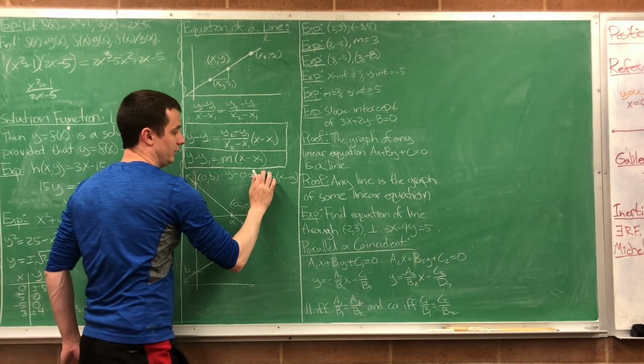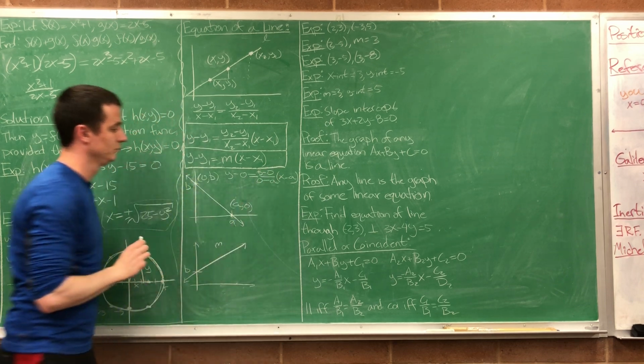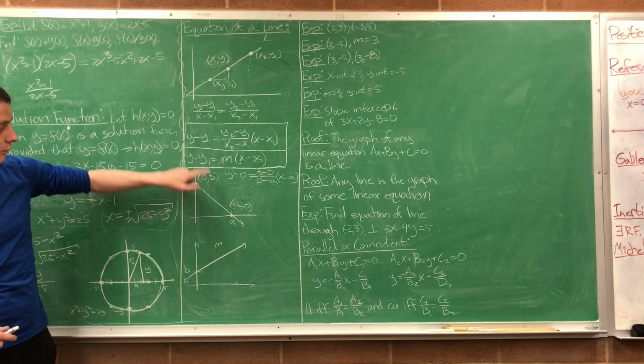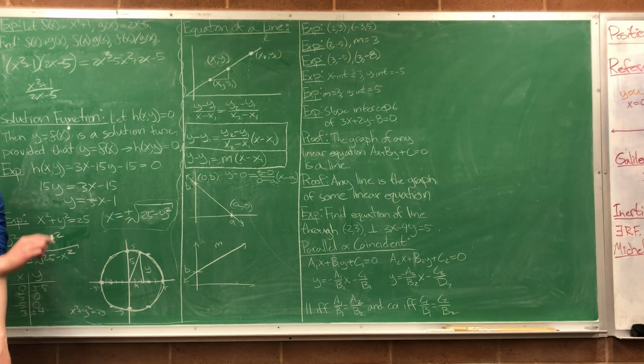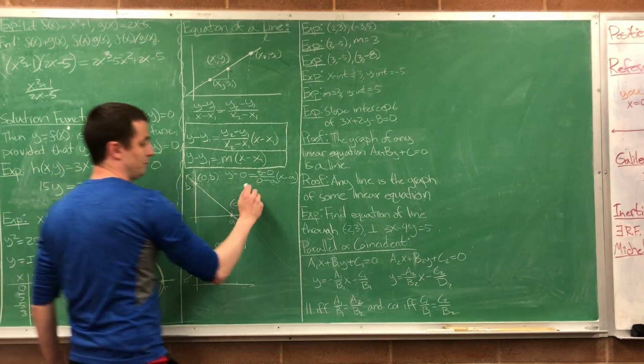Maybe I should have written up here b minus 0. Maybe that will help. So I just am using this formula right here for our 2 points. You with me so far? Yep. Okay, let's simplify really quick.